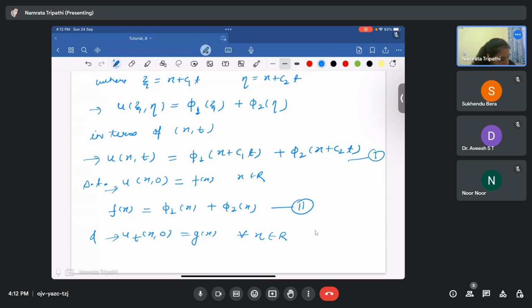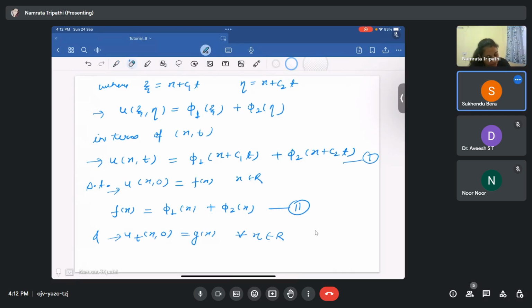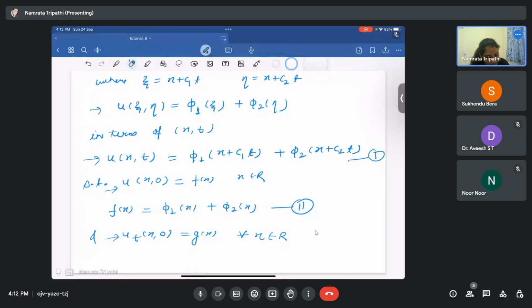As we got equation 2, similarly you have to find the expression. g of x equals c1 phi 1 dash x plus c2 phi 2 dash x. Phi 1 dash means with respect to x, isn't it? Yes.